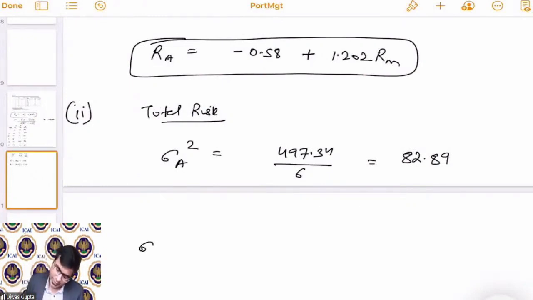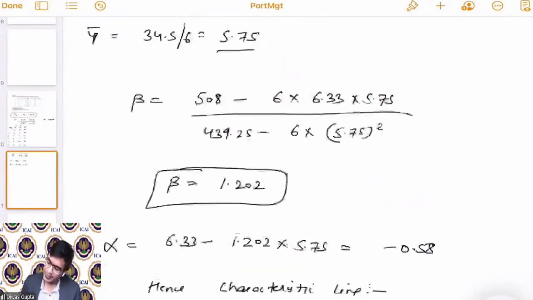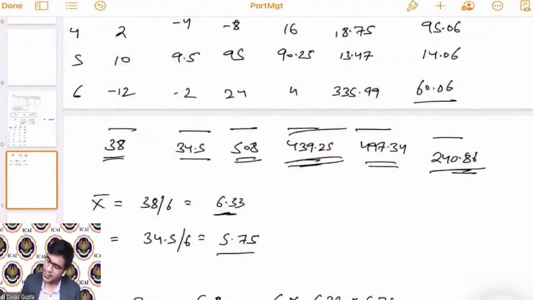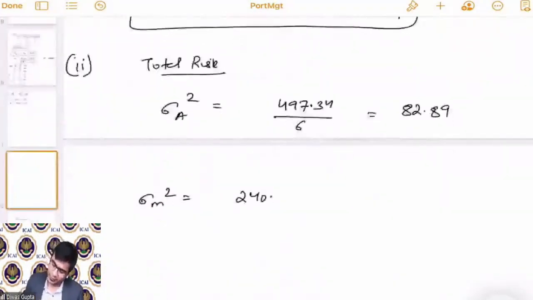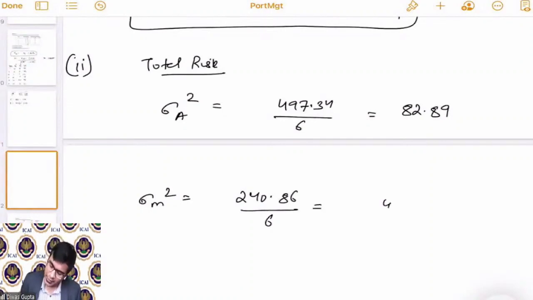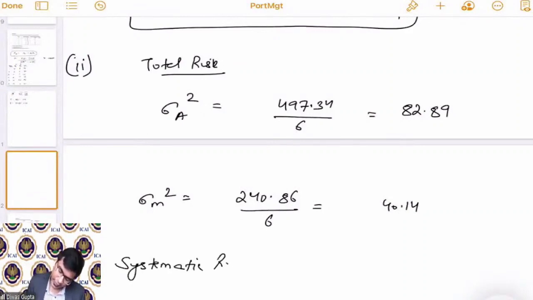And standard deviation of market square, which is the variance of market, will be 240.86 divided by 6. So this comes as 40.14. Hence, the systematic risk. See, beta we have already calculated.